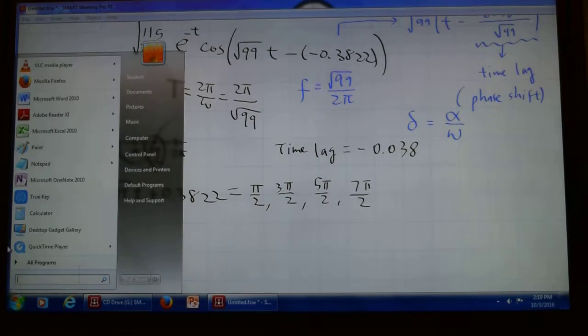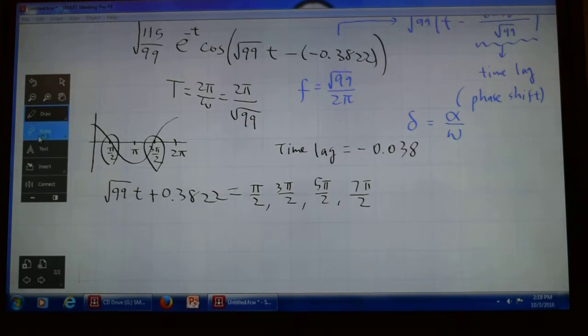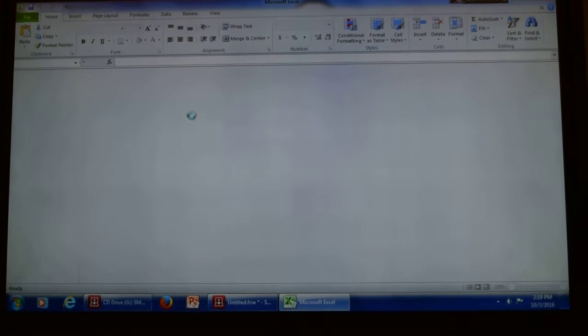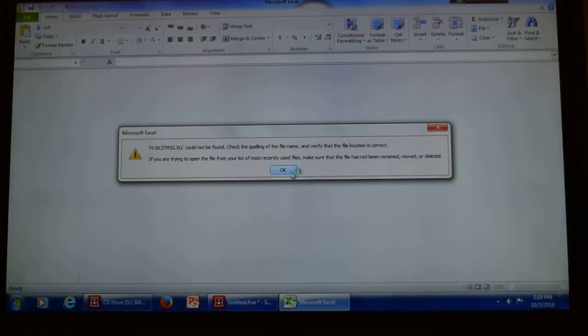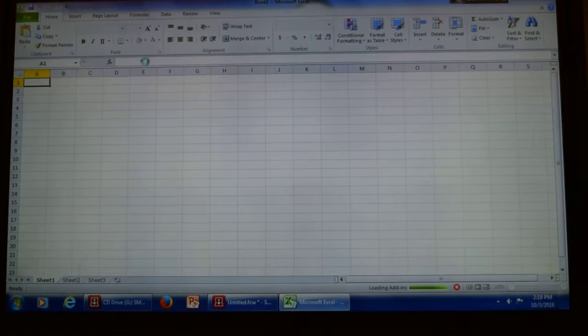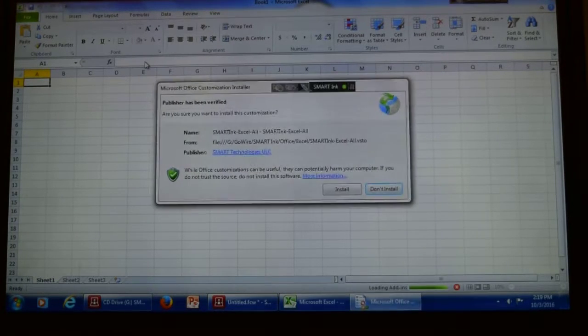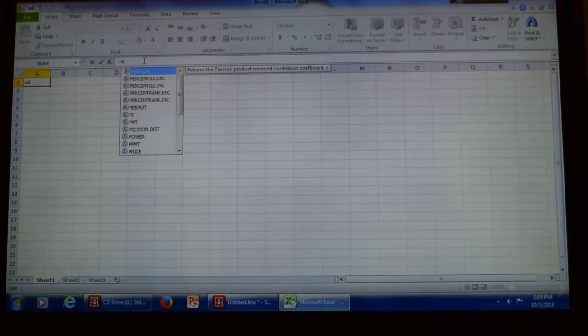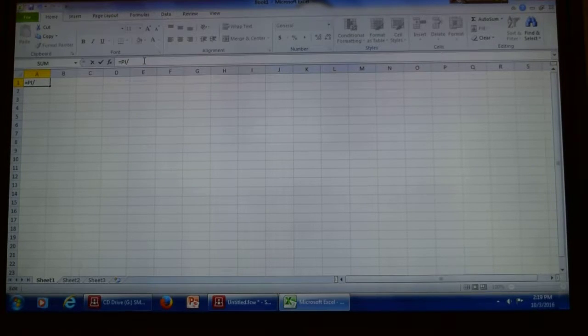Now, let's just try to use Microsoft Excel to find the values. Okay. So we need pi over 2.